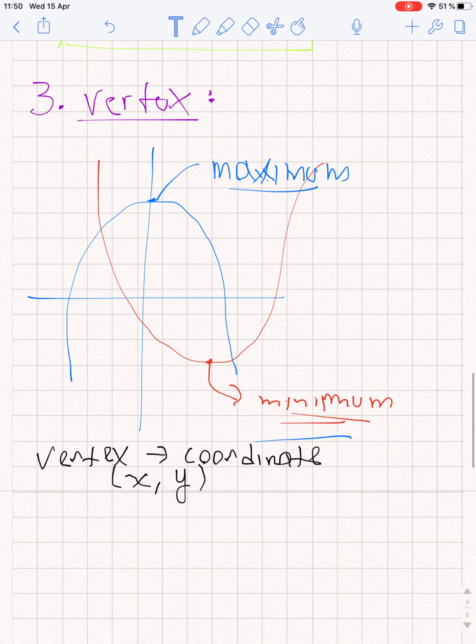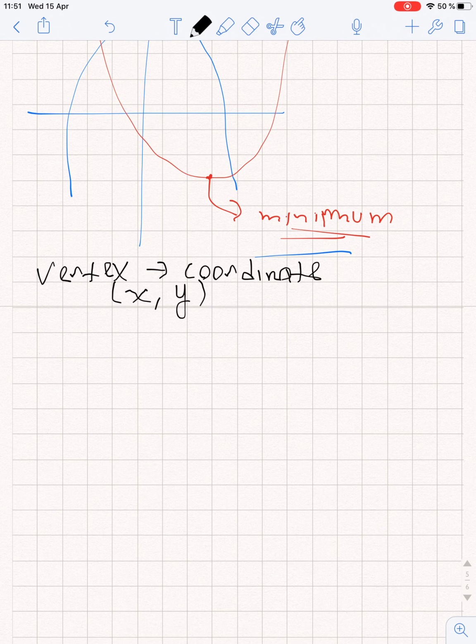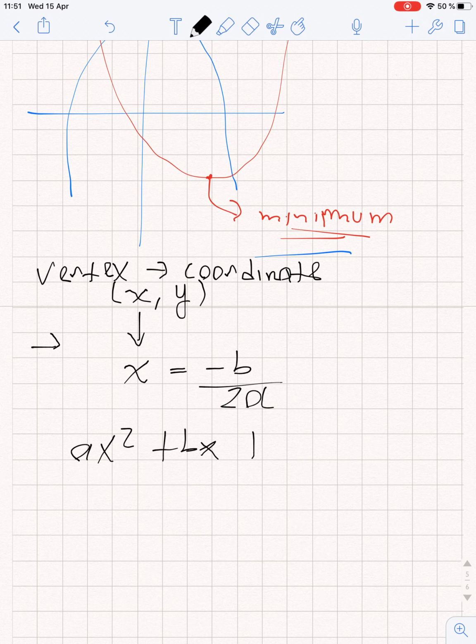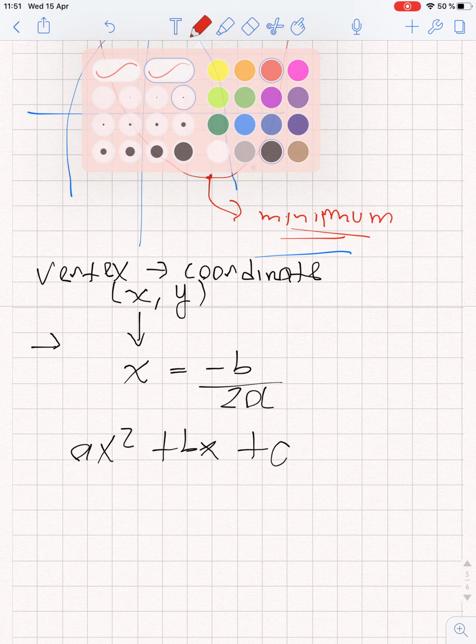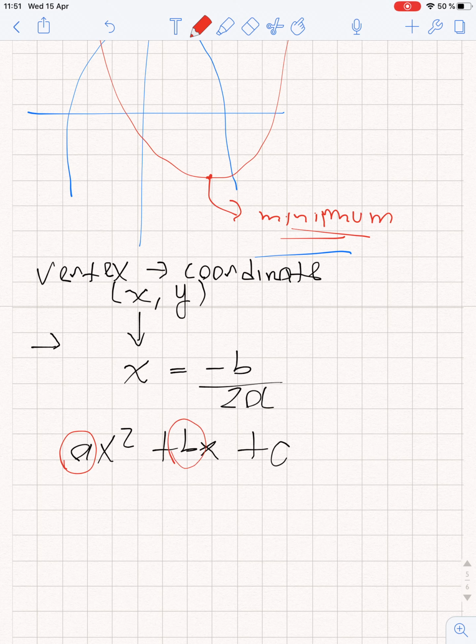But if you want to calculate the vertex, you are going to use this formula. To calculate the x value for the vertex, it is going to be equal to -b over 2a. That means if we have an expression in this way, we are going to take the value for a and the value for b to calculate the vertex in x.